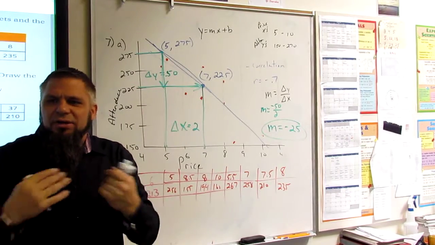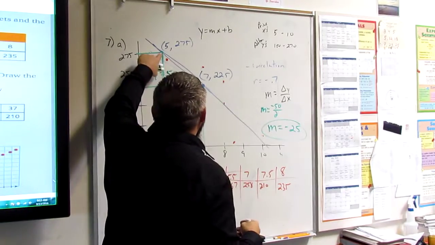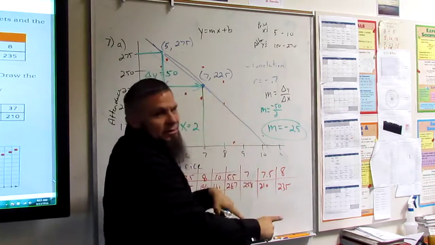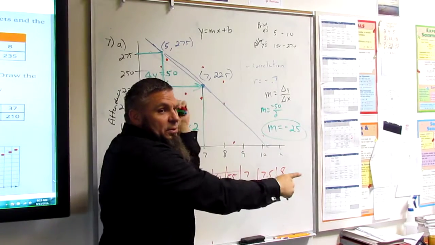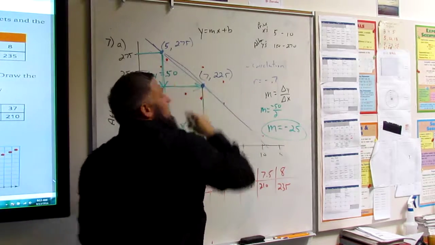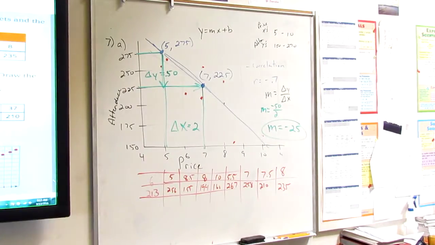And then I said, well, what's a really good line? I looked at a couple of points that would still go through the data and still be the same correlation, but would give me some really nice points. It's about grabbing good points.